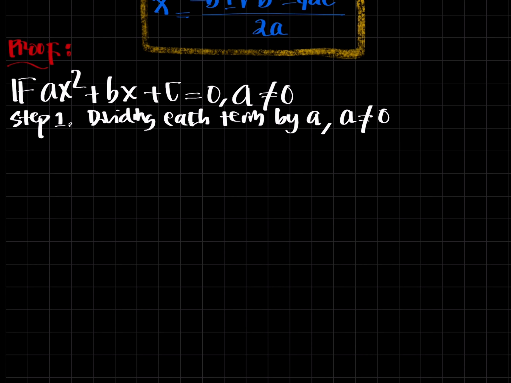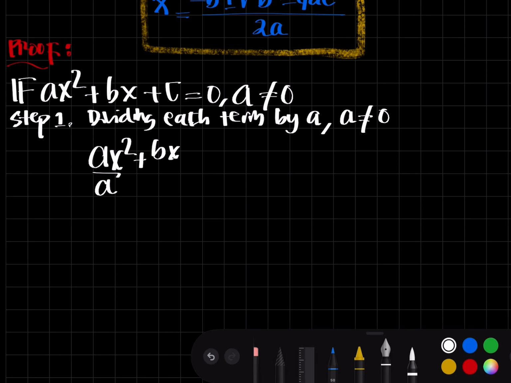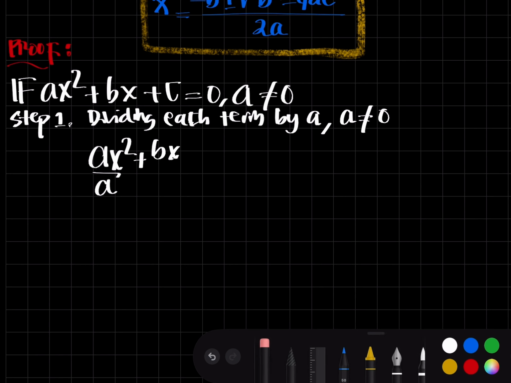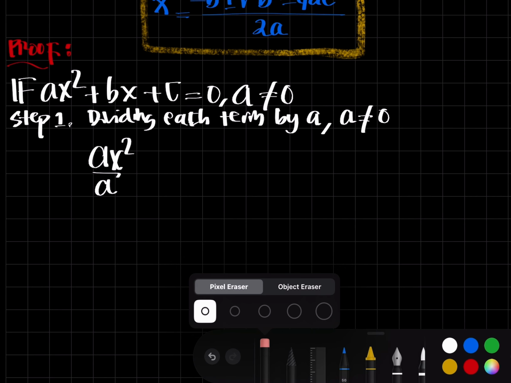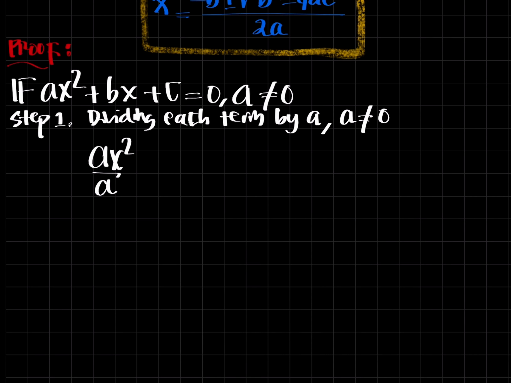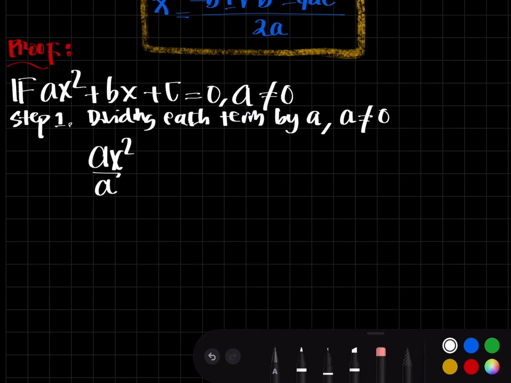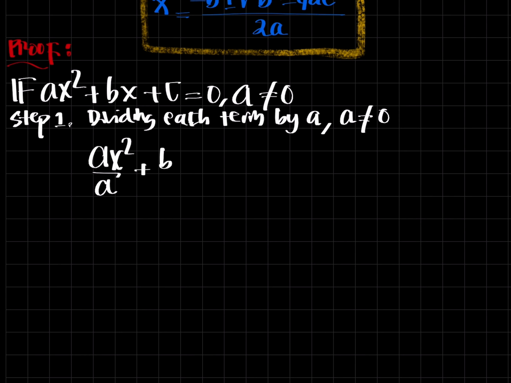Then ax squared plus bx, you divide it by a. When you divide the whole equation by a, this is going to be bx over a plus c over a, and this equals 0.